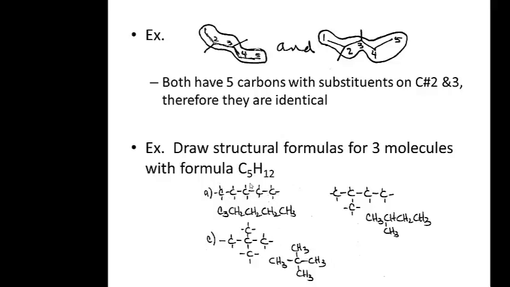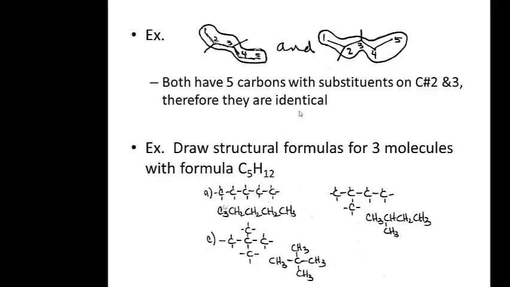I didn't fill in my hydrogens, but you of course would do that. I just put little lines to show where they would be. So we've got a methyl group followed by 3 methylenes and then a methyl group.